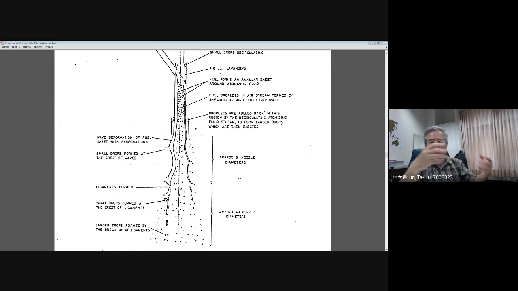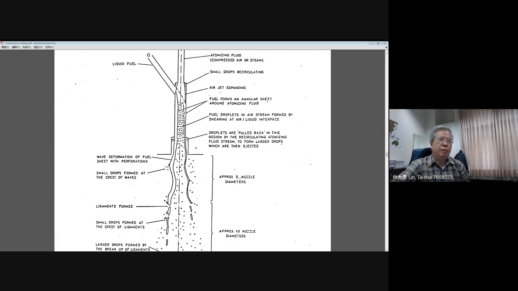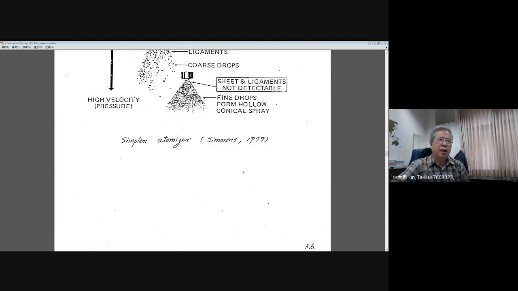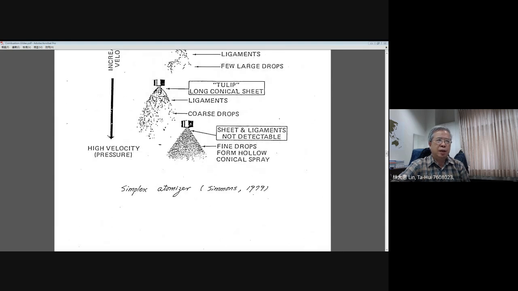People try to consider a possibility, for example, just like a simplex atomizer. This is the case we are working on. We try to suppress or reduce the region for sheet and ligaments to the minimum, almost not detectable.